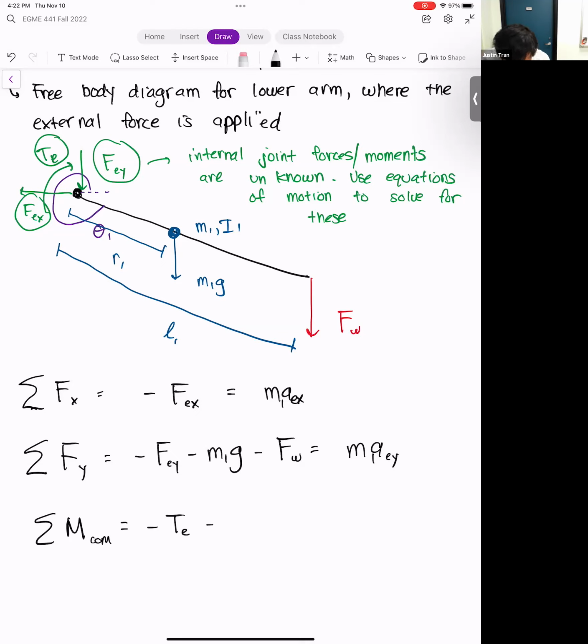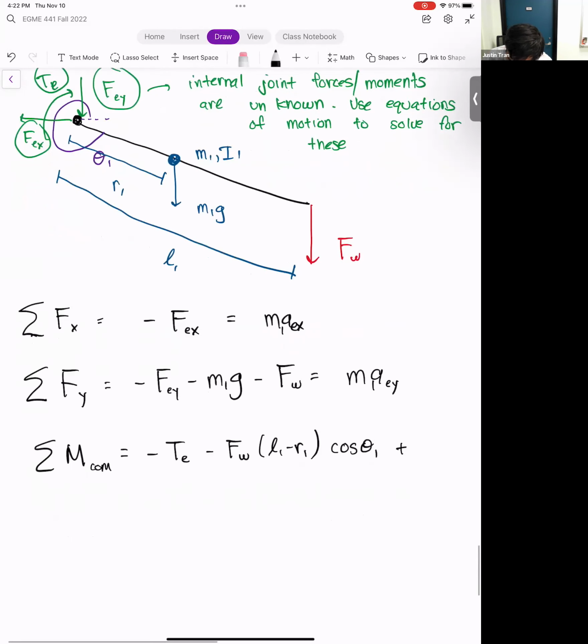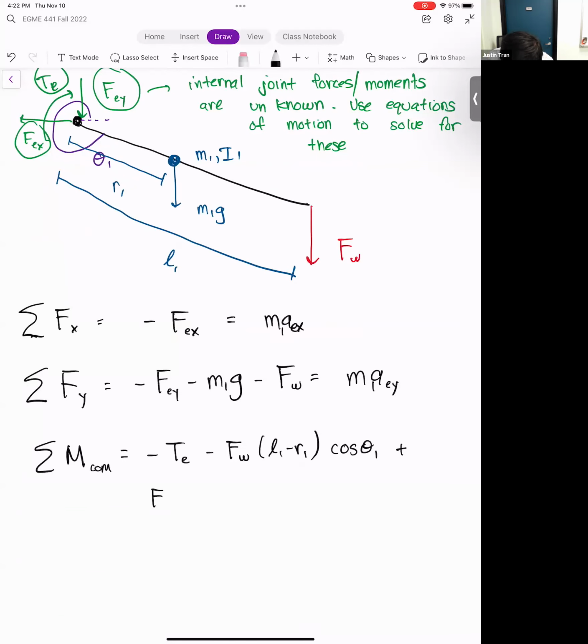So we have minus FW times (L1 minus R1), because that's the distance between the dumbbell and the center of mass, and it's cosine theta 1, plus FEY R1 cosine theta 1, plus FEX R1 sine of theta 1. And this is equal to I1 times alpha 1.